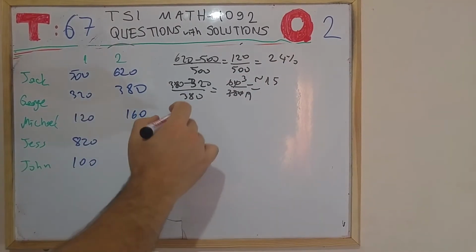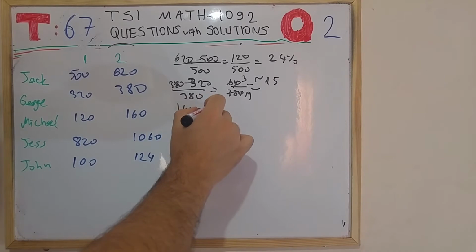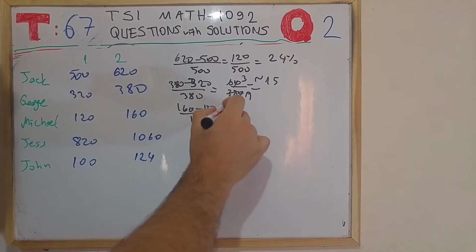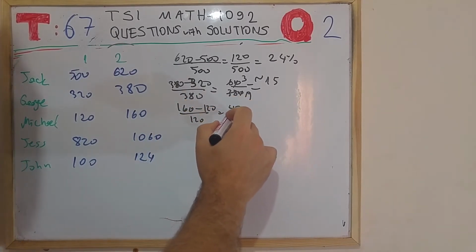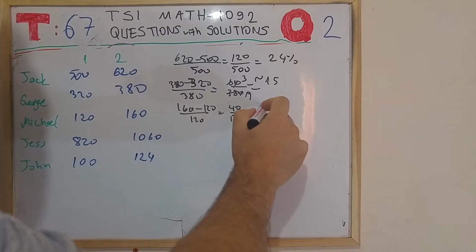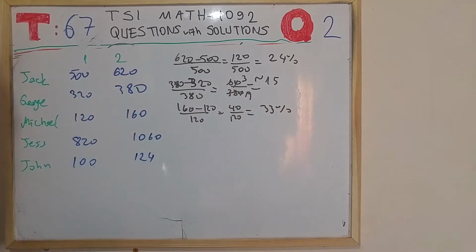This one, third one, is 160 minus 120 over 120, which is 40 over 120. This is equal to 33%.